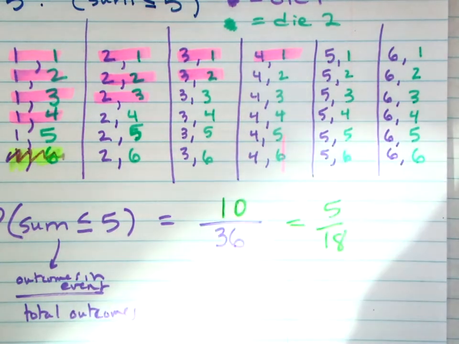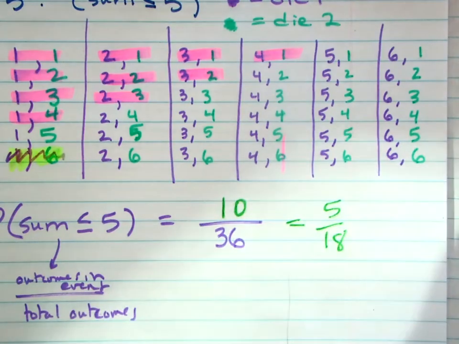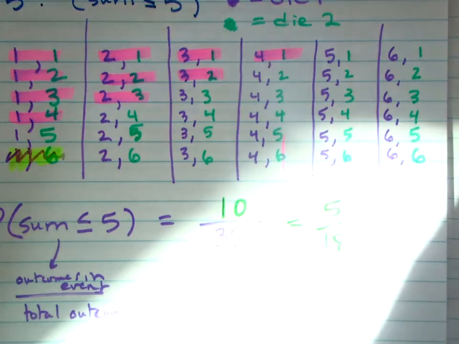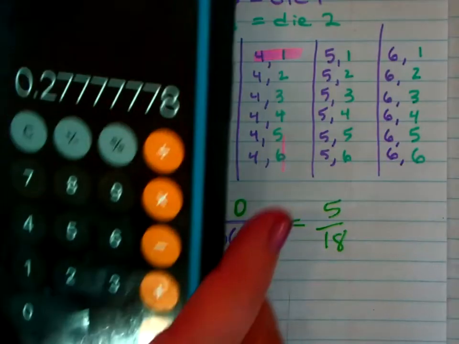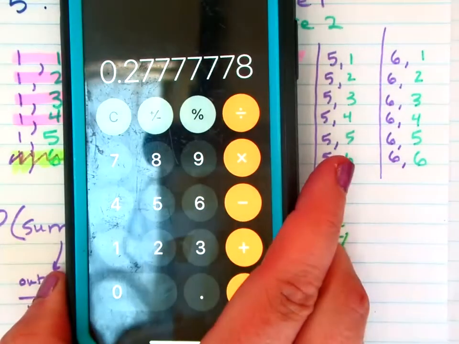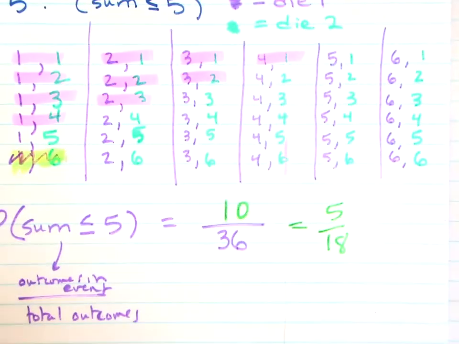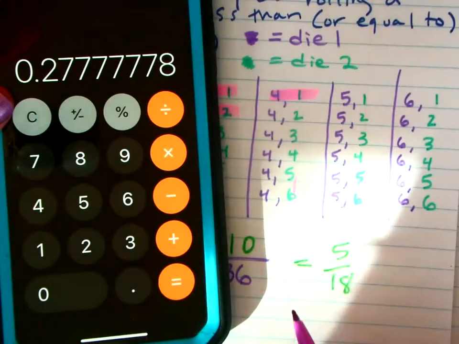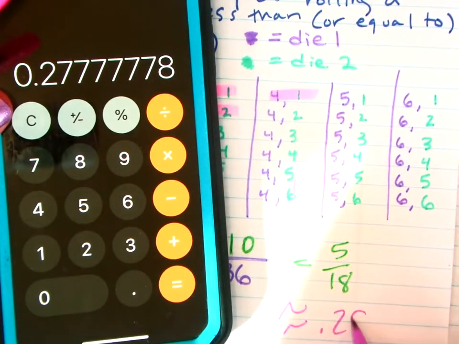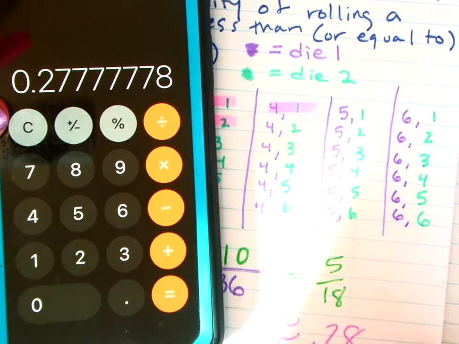There we go. So when we do 5 divided by 18, we get about 0.27 repeating. So approximately, we would call that approximately 0.28 or so if you wanted to find it in decimal form, or around 28%.